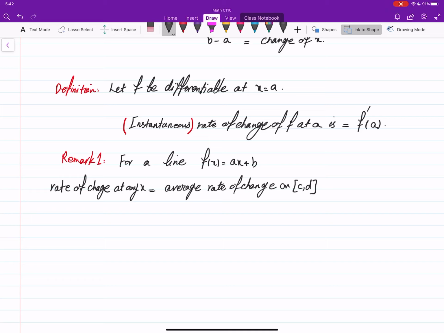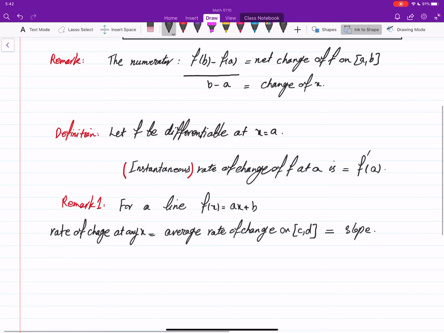Well, these are exactly the slope for the line. You remember this, yes? Slope is you choose any two points, the difference of the endpoints divided by the difference of the x's. This is exactly where this comes from. And somehow it's again trying to capture the notion of slope or change at the point, and you see that the central point here is f prime of a.